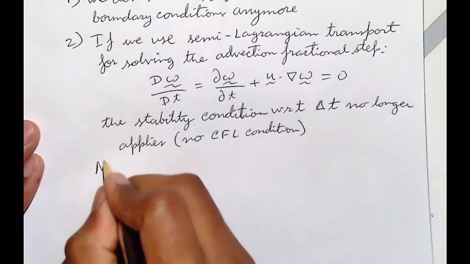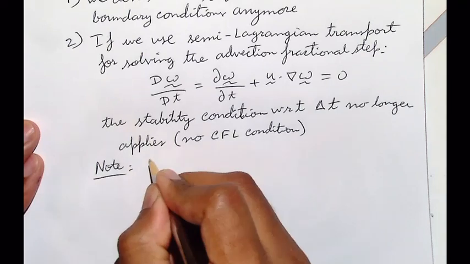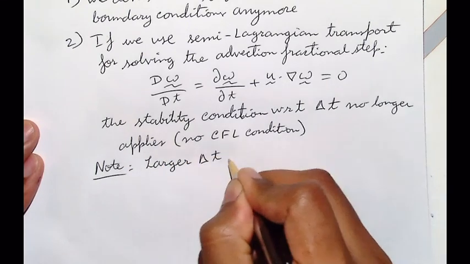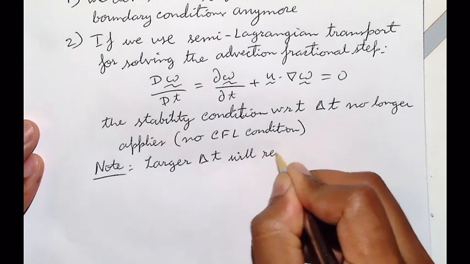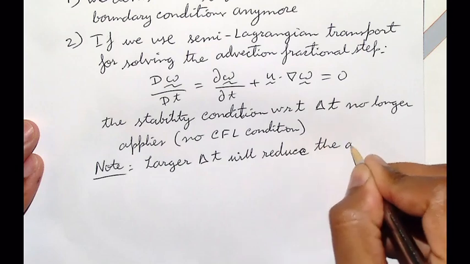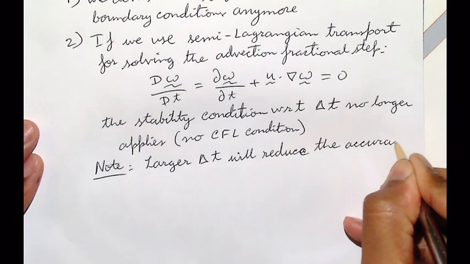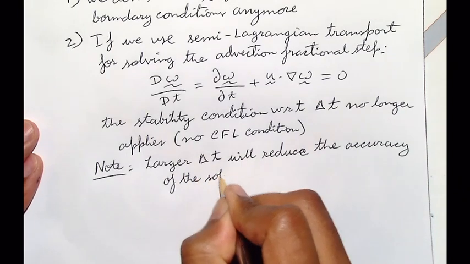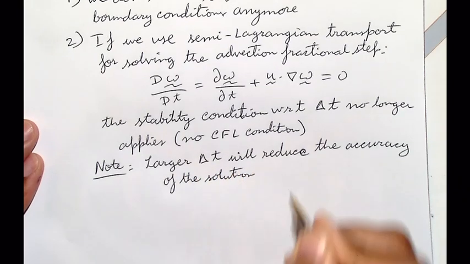But larger delta T's will reduce the accuracy of your solution.